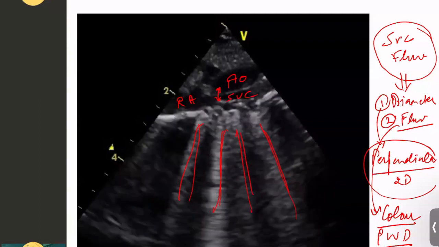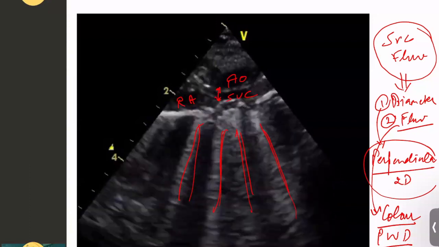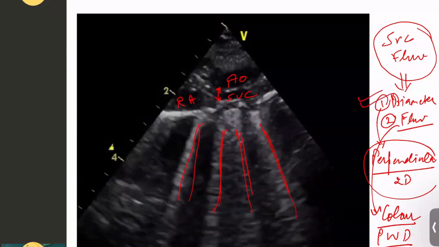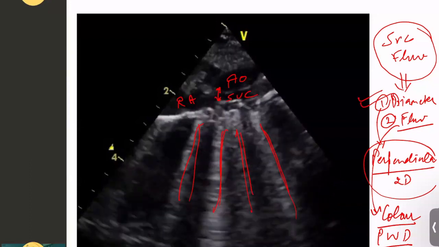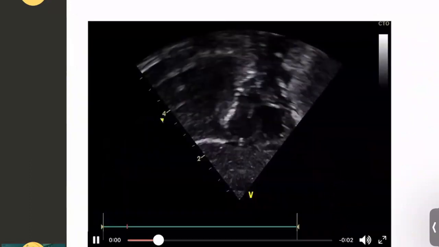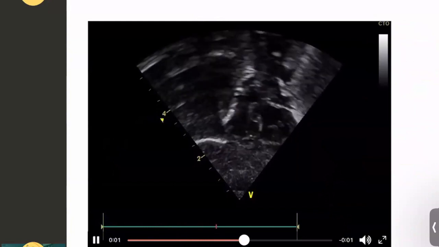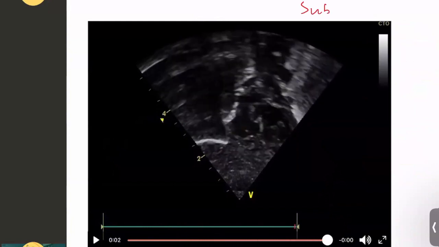So first we have taken the diameter, and then the second place is where you seek the flow. For taking the flow, your flow should be parallel. So you go into the subcostal area, and there your probe is in a transverse position, with the pointer towards the left side, and then you almost insinuate it beneath the xiphisternum so that it goes parallel.